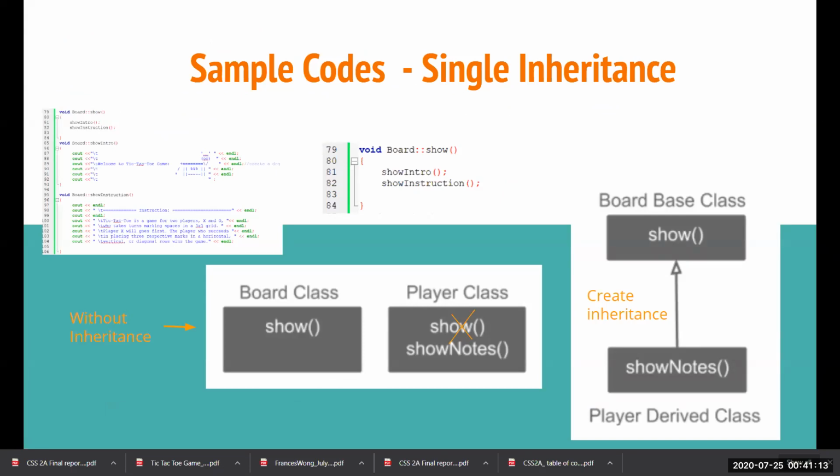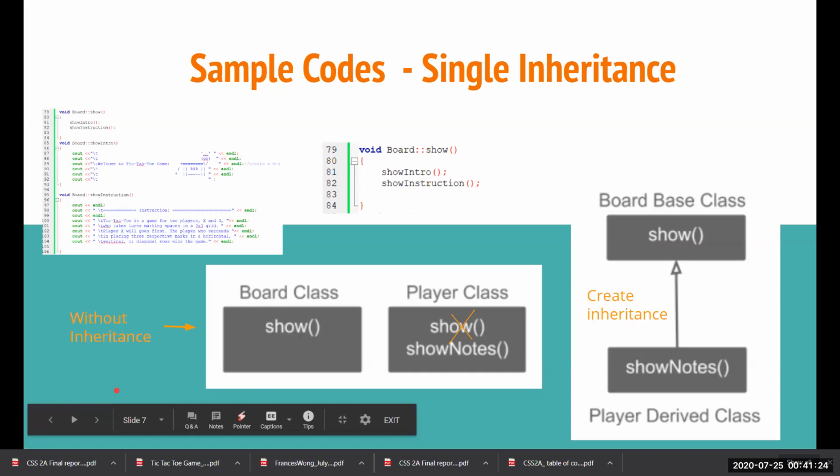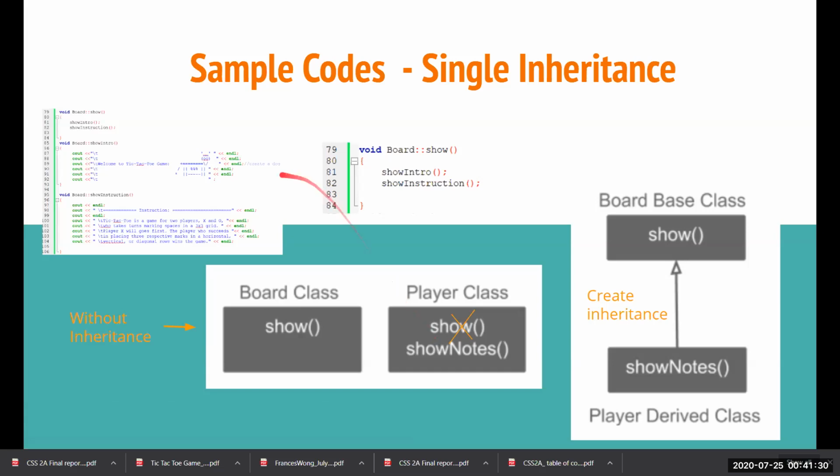Another simple code demo I'm going to show here is a single inheritance relationship between the board class and the player class. As you see here, the show function under the board class is pretty lengthy. It's a lengthy output description of the game instruction and introduction. There is an option not to use an inheritance relationship between the board class and the player class.